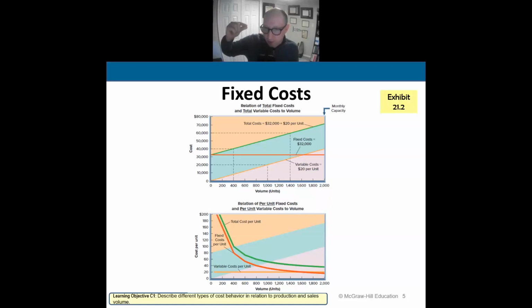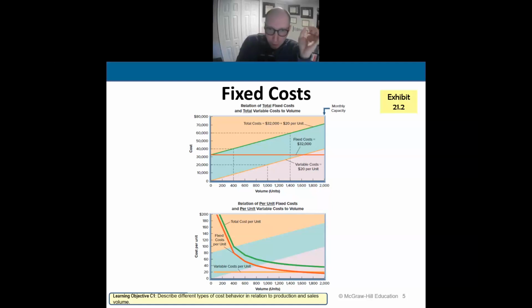My direct labor cost rises with the more units I produce. Some factory overhead rises with the more that I produce. So my variable costs are $20 per unit, and I've got $32,000 of fixed cost per month.